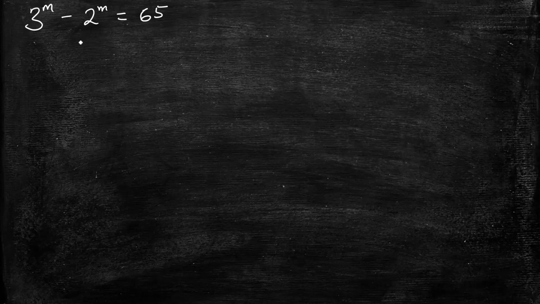Now let's do something here. Now we have minus here. So let's express the left hand side as the difference of two squares. And before you can apply difference of two squares, you have to get something squared minus something squared.